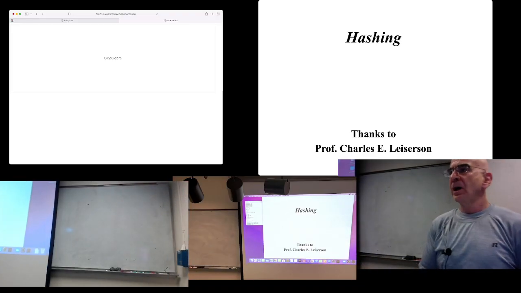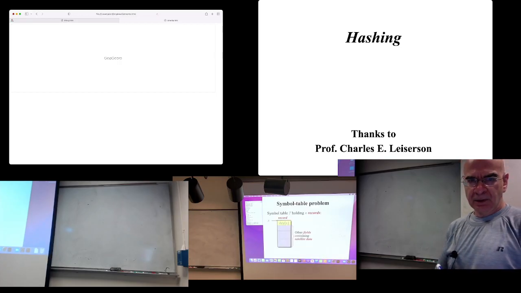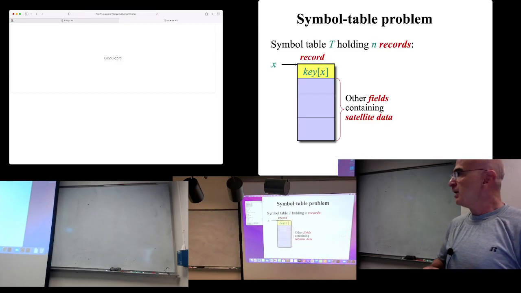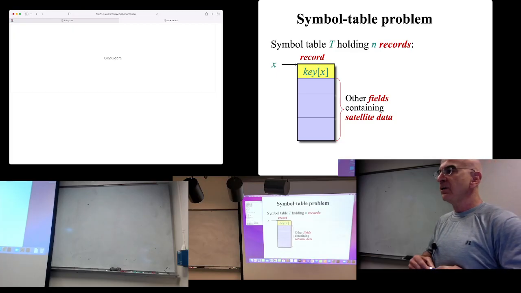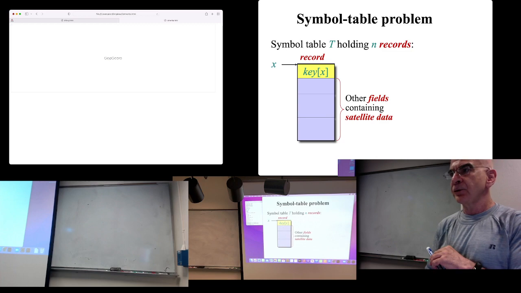Okay, let's do hashing, if there are no other questions. Most of you have seen hashing in previous courses. The hashing that I'm teaching is not the same. We are going to see much, much more material.